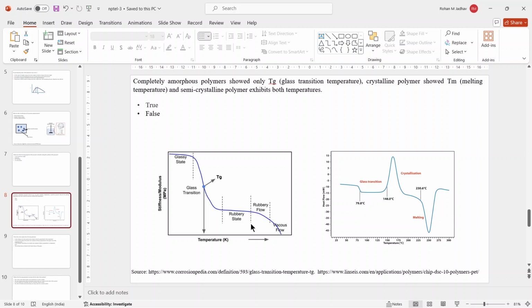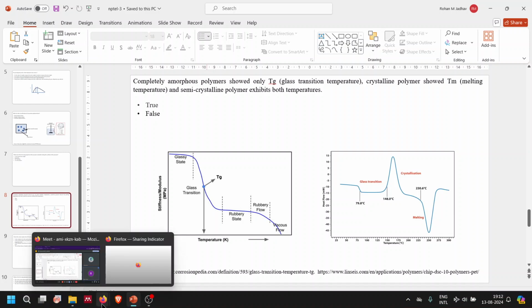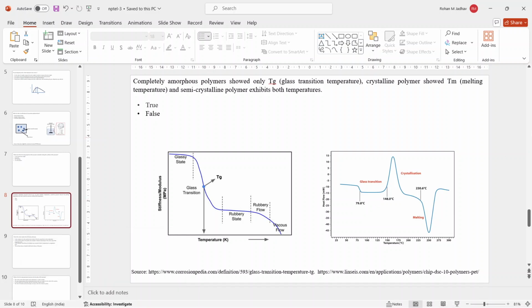Then we have the crystalline polymer. What happens in a crystalline polymer is that your polymer chains are already arranged in a close packing manner in a uniform way. As you increase the temperature, these chains will not have sufficient energy to break the secondary forces of the close packing which has been arranged for them.